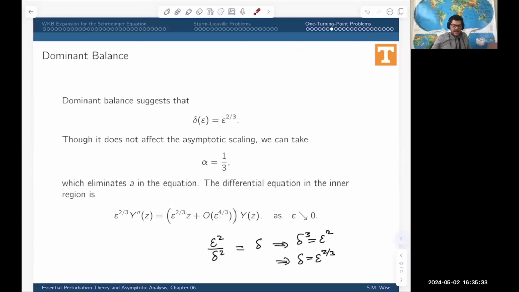That has been a guide for us previously whenever you don't have any other terms to suggest what the power series for the inner solution should be.